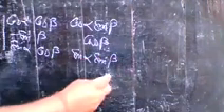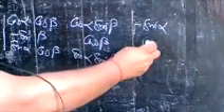In the same way, try to solve. Yes, the determinant of: cos alpha cos beta, minus sine beta, sine alpha cos beta; the second column, cos alpha sine beta, cos beta, and sine alpha sine beta; and the third column, minus sine alpha, 0, cos alpha.